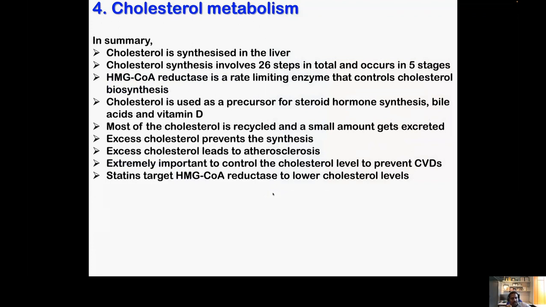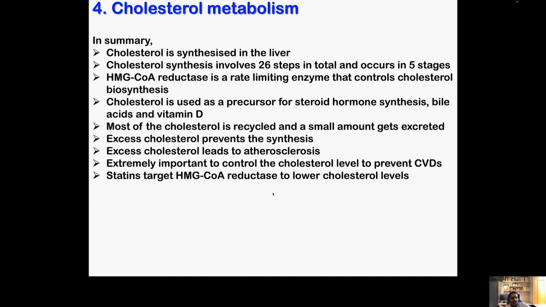So there are key steps here for cholesterol metabolism. In summary, cholesterol is synthesized in the liver. Cholesterol synthesis involves 26 steps in total, and it occurs in 5 different stages. HMG-CoA reductase is the rate limiting enzyme that controls cholesterol biosynthesis. Cholesterol is used as a precursor for steroid hormone synthesis, bile acids, and vitamin D. Most of the cholesterol is recycled and a small amount gets excreted through bile in the gut.